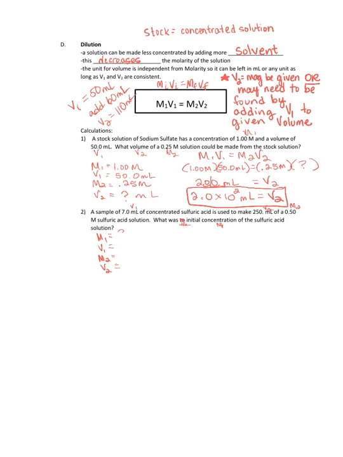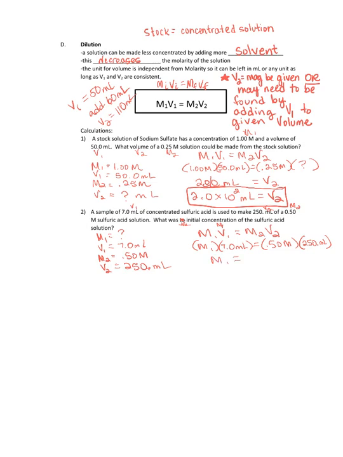M1, we said, is what we're looking for. V1 is 7.0 milliliters. M2 is 0.50. V2 is 250 milliliters. Use our equation, M1 V1 equals M2 V2. M1 is what we're looking for. V1 is 7.0 milliliters. M2, 0.50 molar. V2, 250 milliliters.